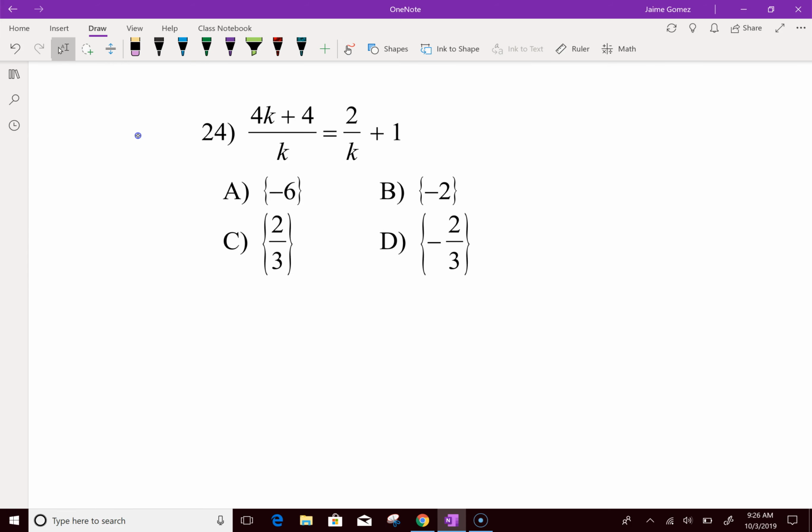Now on 24 though, careful with the 1. So we should rewrite this to be 4k plus 4 over k is equal to 2 over k plus 1 over 1. Now you want them all to be the same in the bottom, right?